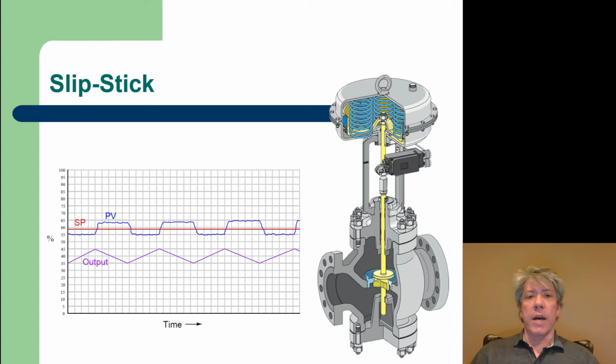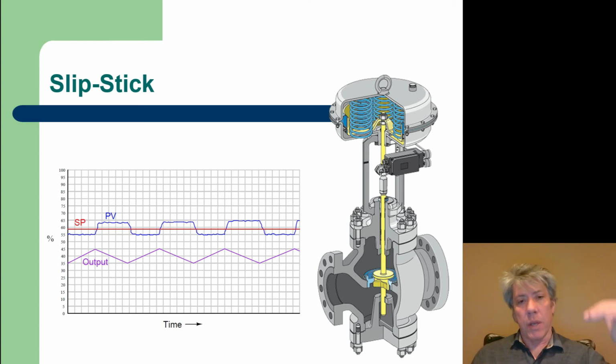So if you think about a typical control valve with, say, just an integrating controller, let's say that you need the process variable to be right at the set point, and so you notice there's a difference between the set point and process variable, so the integrating action makes the pressure in the diaphragm go higher and higher and higher, and then all of a sudden it slips, and then the process variable moves above the set point, and now the integral action has to go the other way.